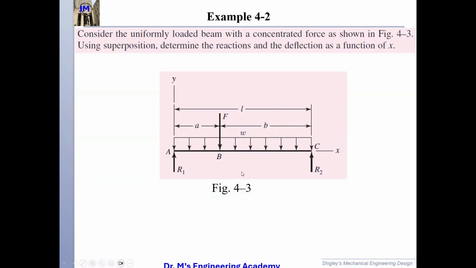First, we only apply this F, the concentrated load. We know the deflection at each point. Then we remove this F and apply the uniformly distributed load, omega, and we get another set of solutions. We put their individual results together, and that will be our total result for when we apply both F and omega on this beam.